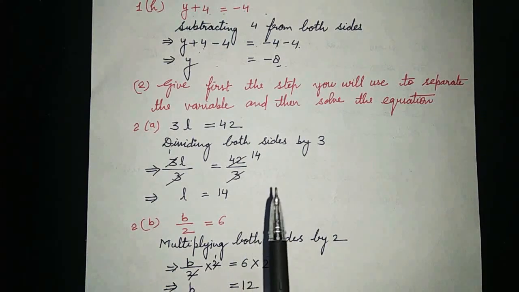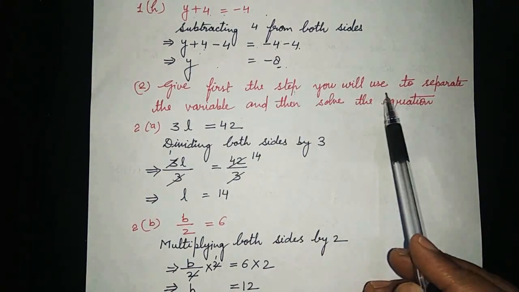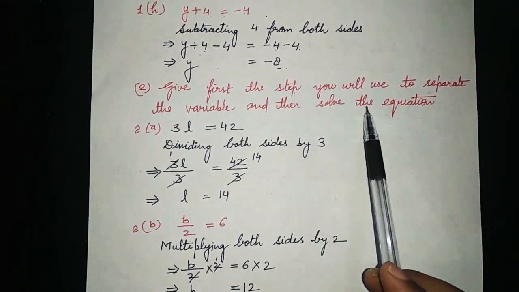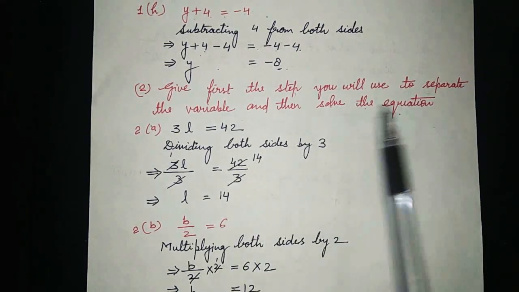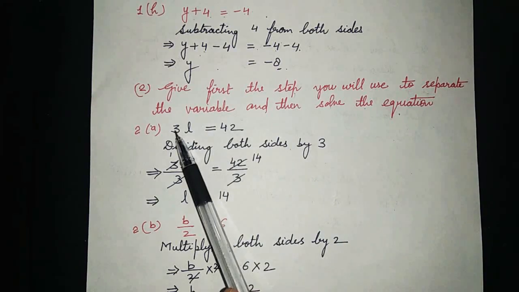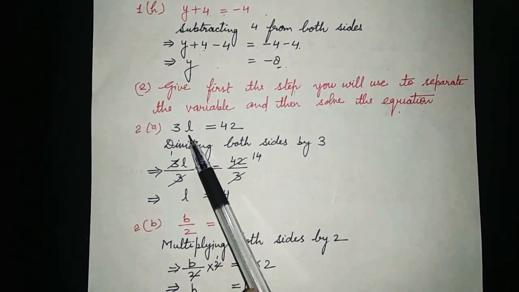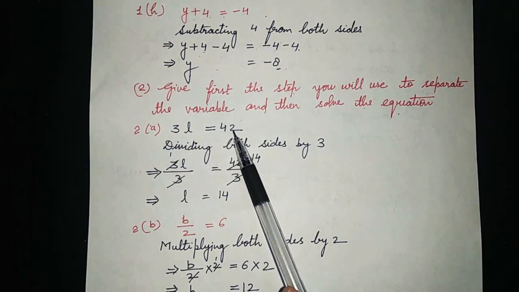Now see the second question. Give first the step you will use to separate the variable and then solve the equation. So here also we will write a step first. Before writing a step, we will see the equation very carefully. Here the equation of question 2a part is 3l is equal to 42.